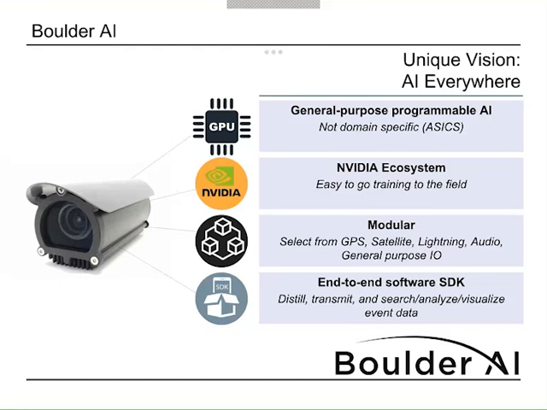So we founded a smart camera company that is really general purpose. We've actually put a GPU inside of a camera. A GPU, and I'll talk about this a little bit more, is a really general purpose processor that can take any algorithm.